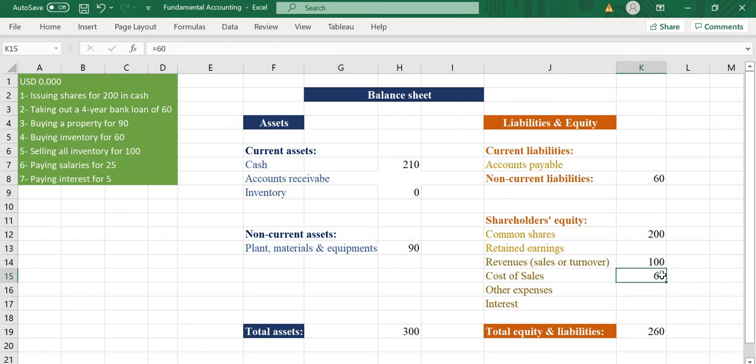Because this is a cost expense, to be easier, we can put the minus here for a simple calculation. And we calculate the retained earnings equal to revenues minus the cost of sales or cost of goods sold.